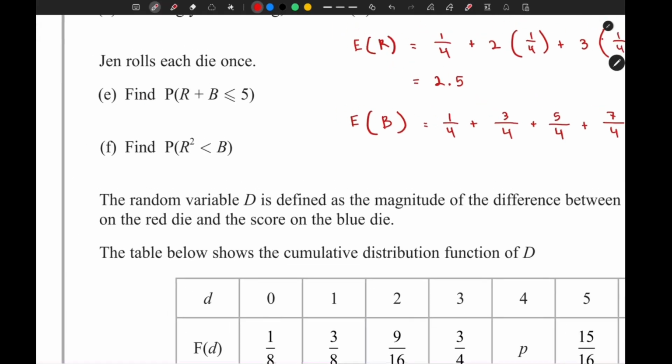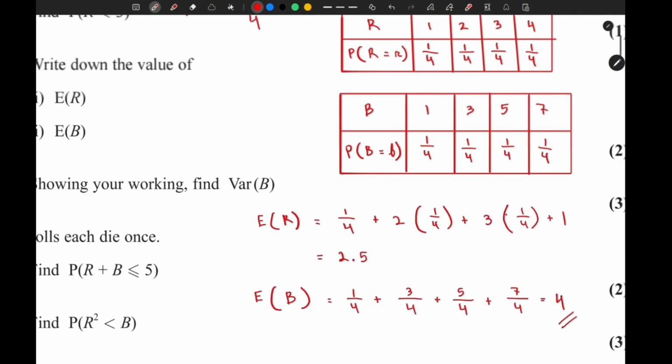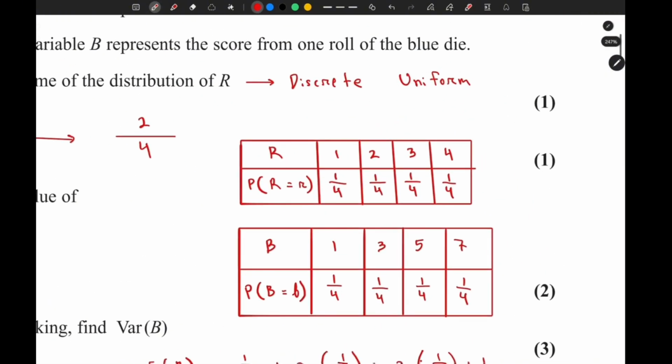Now we need to find the probability of R squared less than B. If you square these values, you get 1, 4, 9, and 16. So for R squared to be less than B, let's look at the possible combinations.